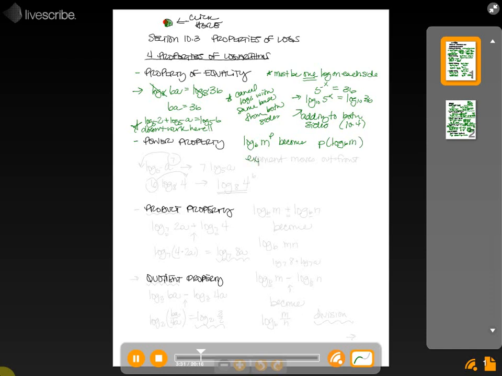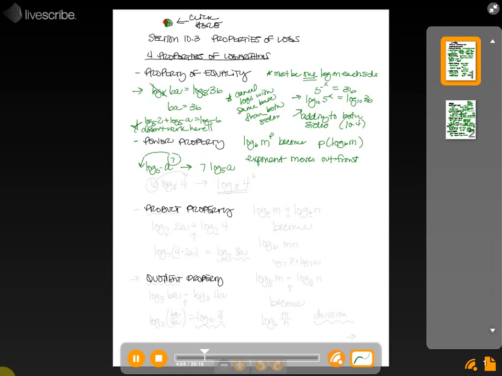So what happens is that the exponent moves out front. Now here's an example with numbers. Suppose we had log base 5 of a to the 7th power. It would become 7 times the log base 5 of a. What happens is that that exponent moves out in front. And that's the power property.